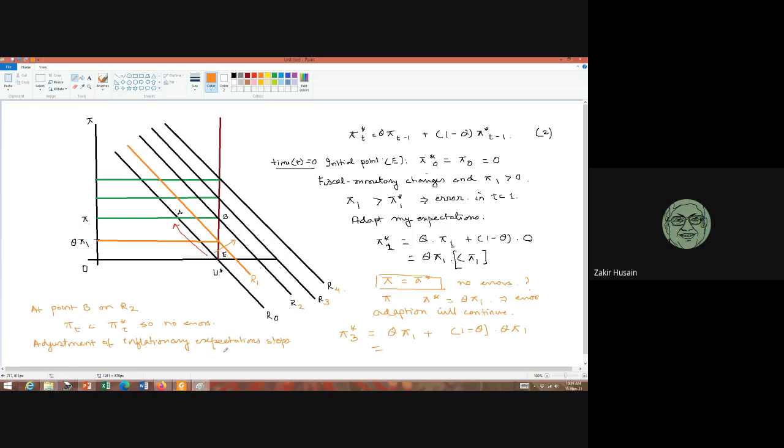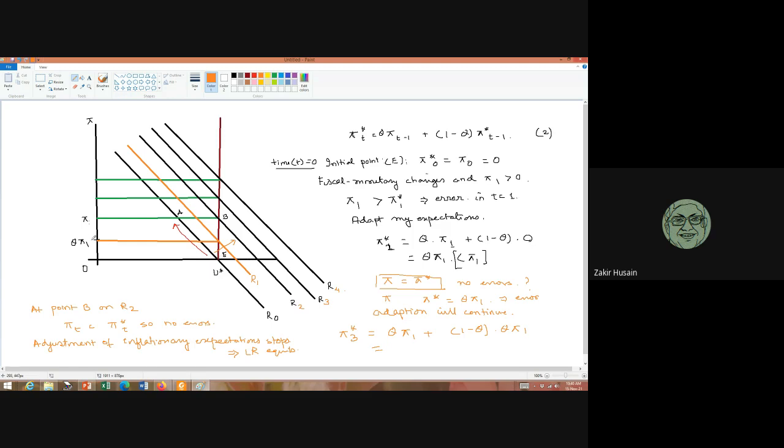Okay, so this is the long run equilibrium. So the actual movement is I move up like this. Then what happens is we have a series of curves like this. Okay, I'm not drawing them. So I have a series of short run curves. The curves gradually move up like this until I reach R2. This is the long run equilibrium.